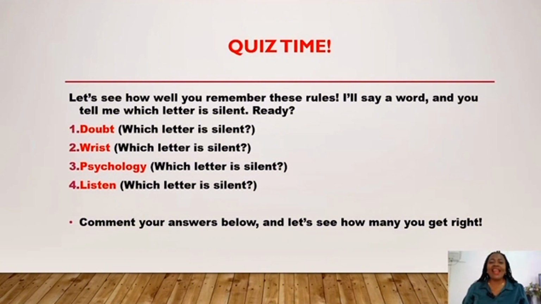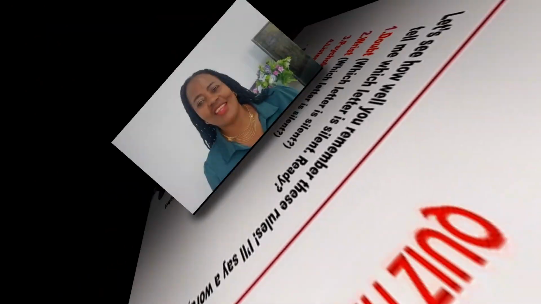And number 4. Which letter is silent in listen? So we have 4 exercises for you. Please comment your answers below and let's see how many you get right. Don't worry, I will check all your comments to find out the right answers.